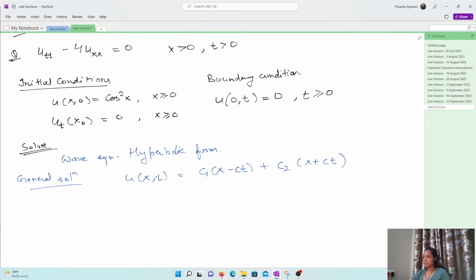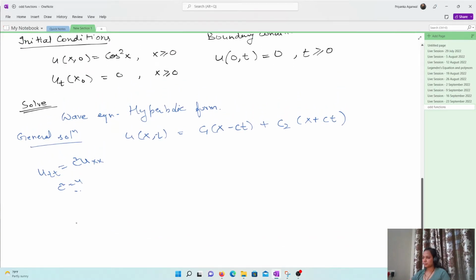Now if you compare it with the general equation, u tt equals c square uxx, c square is 4, so therefore c can be written as 2. Right? So we have c equals 2 here, and then f of x can be written as cos square x and g of x is 0 in this case.